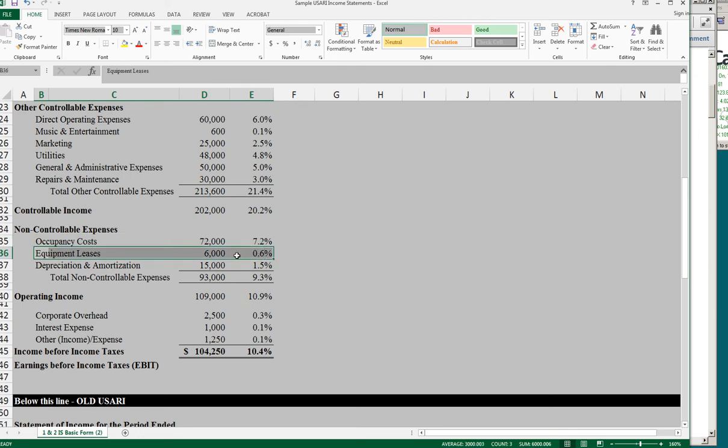Like the manager could have walked into the operation with all these leases already in place, like leases for delivery trucks, leases for the ice machine, whatever. It's not something that management can directly control. Same thing with depreciation and amortization, right?